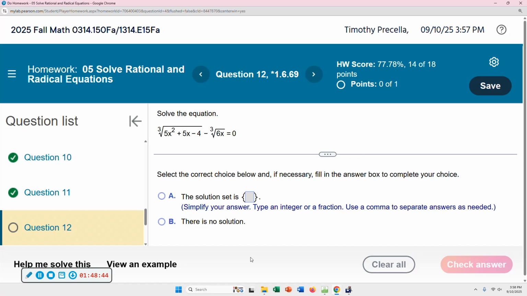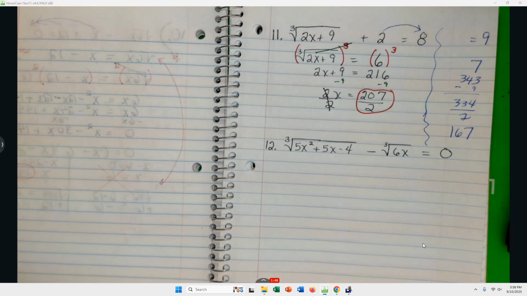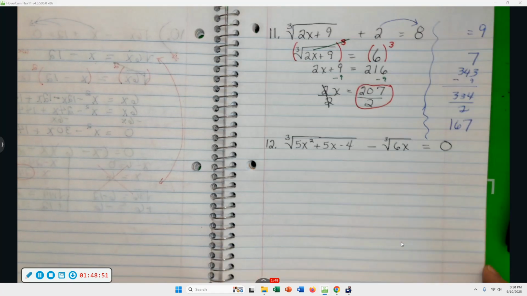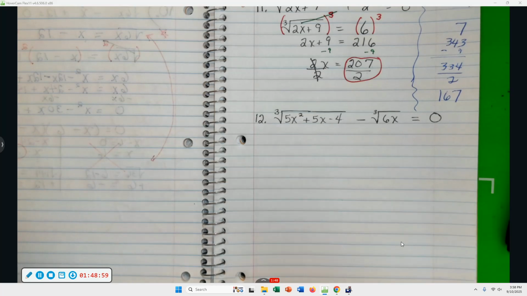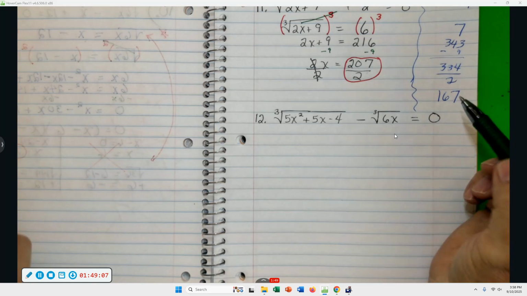What do y'all think? Only one sensible and correct first step. We need to isolate a radical, and we don't have one isolated. They're both on the same side.